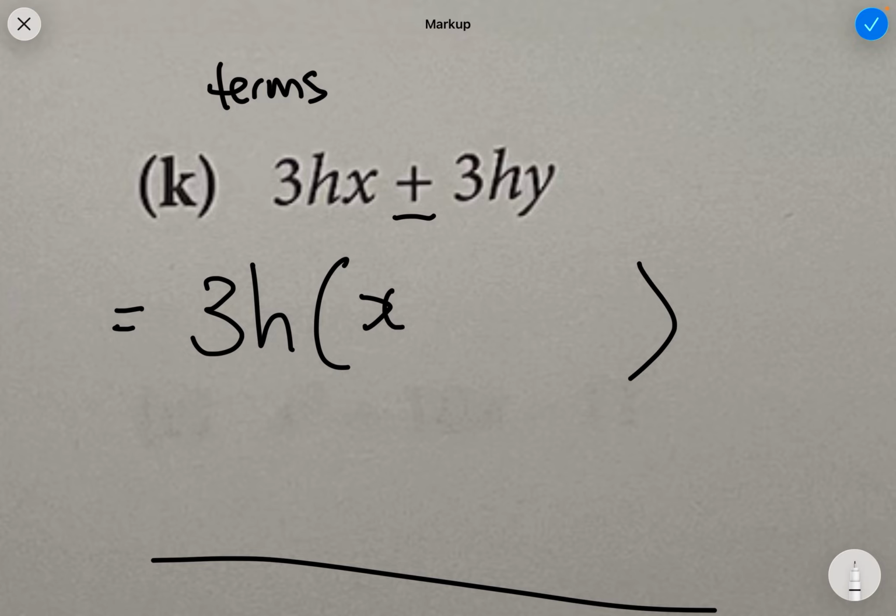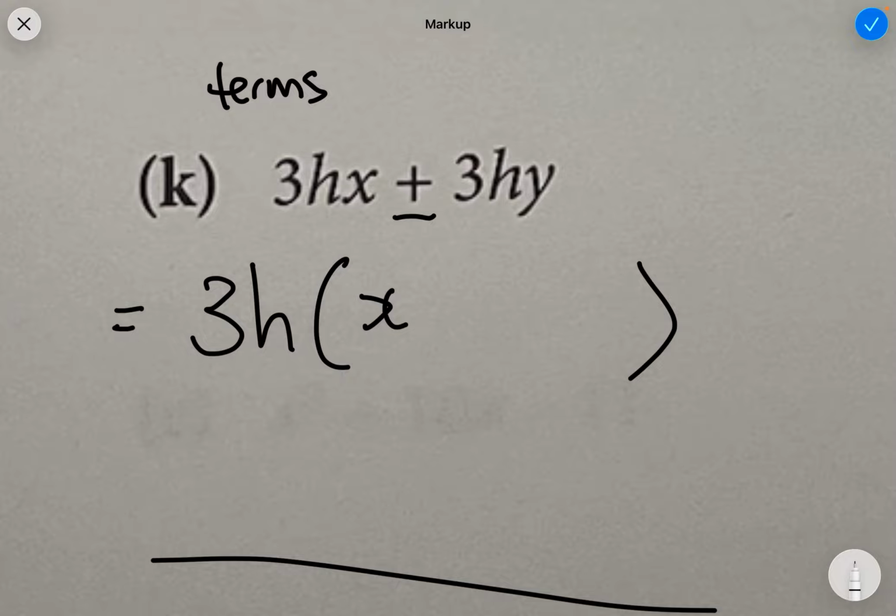Because when I multiply x by this, I must get back the first term. Okay? So I take 3hx divided by 3h, I will get x. Because when I multiply, I must get back the same thing. Okay.